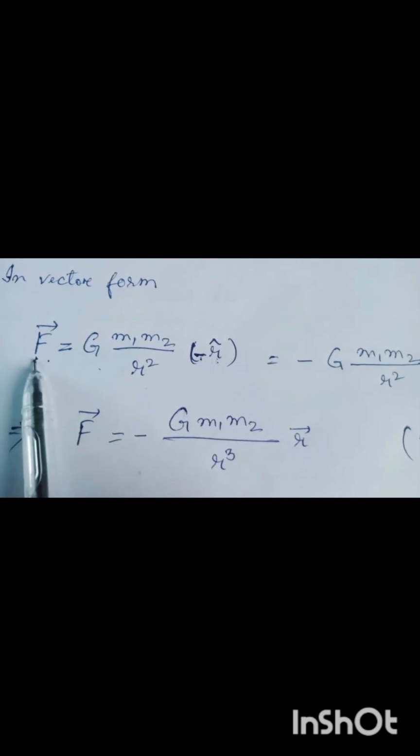Any unit vector multiplied by a scalar quantity gives the direction of that quantity. So here this unit vector gives the direction of the force. The minus sign shows that the force is attractive. So the force is negatively directed, or oppositely directed, to the direction of the position vector or separation vector r.